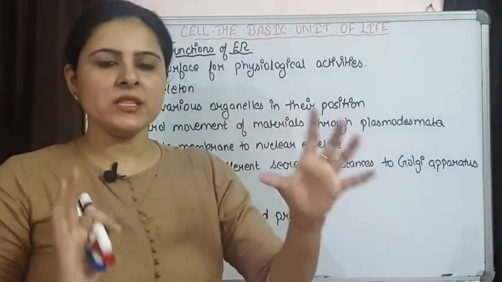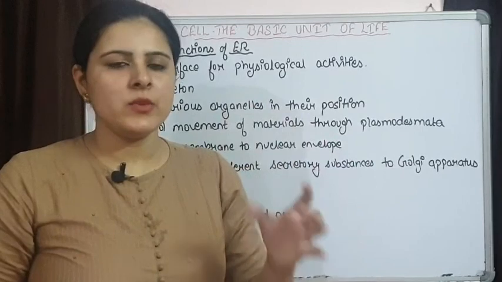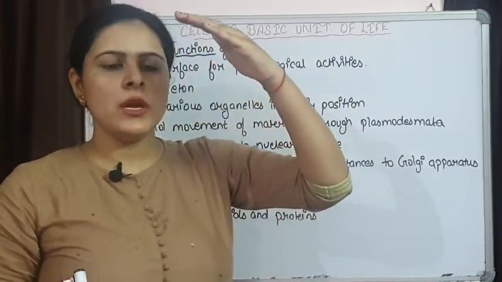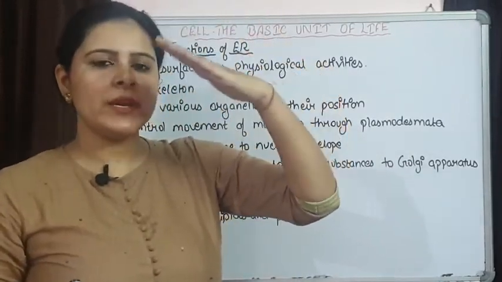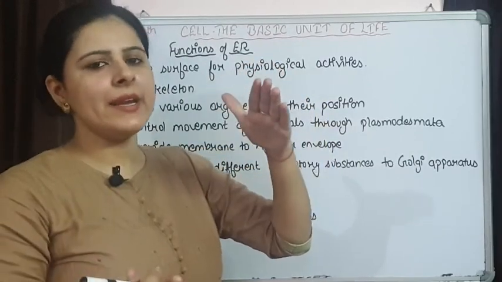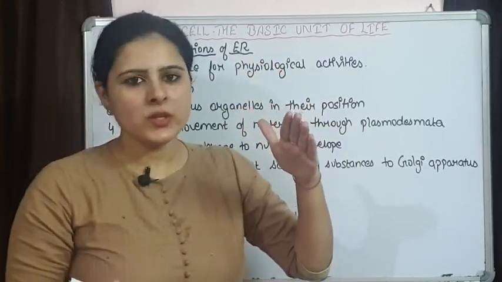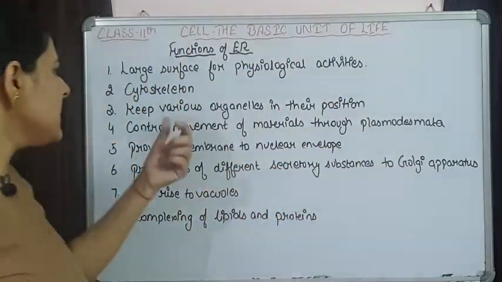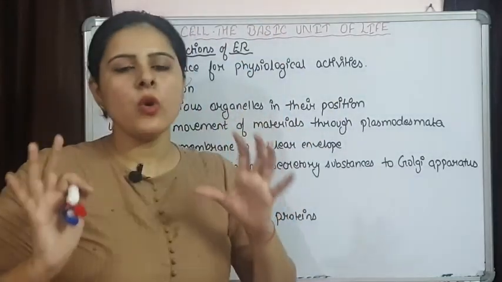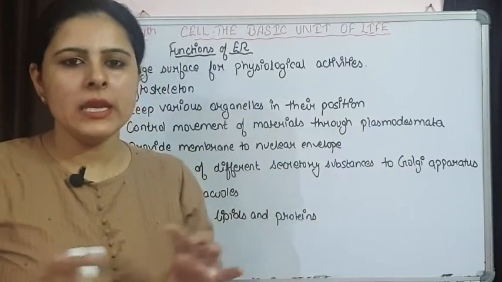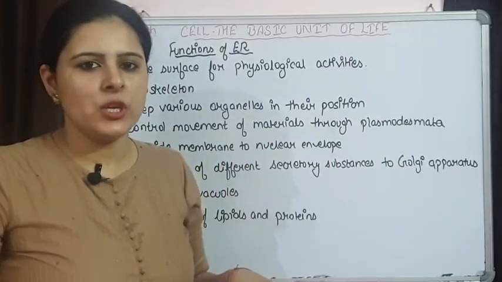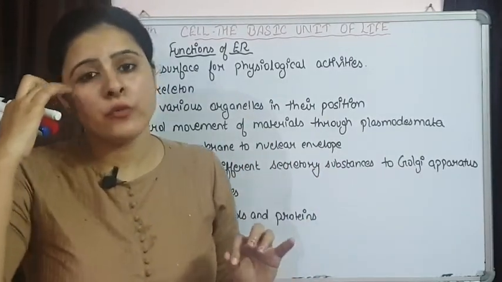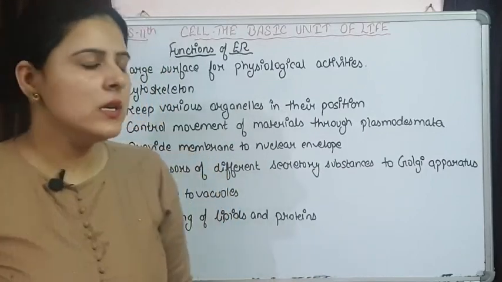So, it is maintaining the shape of the cell, because I already told you that one end of endoplasmic reticulum will be connected with the plasma membrane, and the second end is connected with the nucleus of the cell. So, the cell shape is going to be maintained, plus it is also helping to keep all the organelles in their proper position along with the microtubules and microfibrils that are present inside the cell.